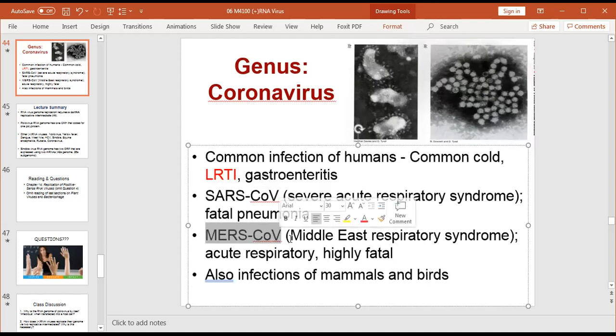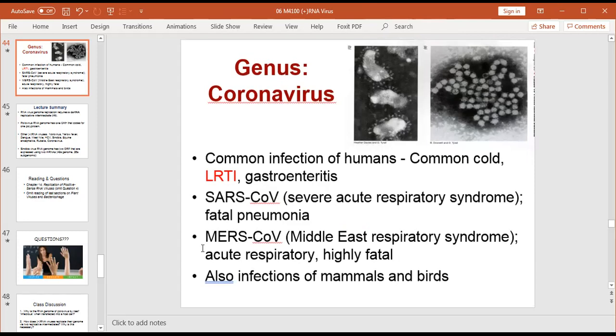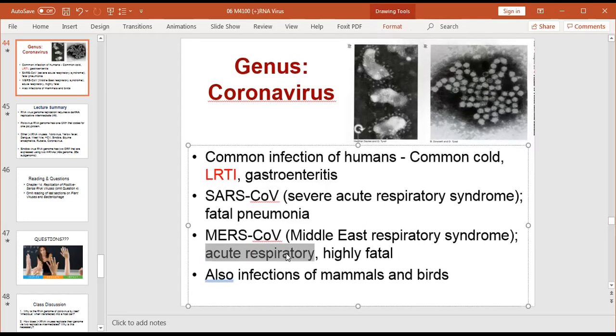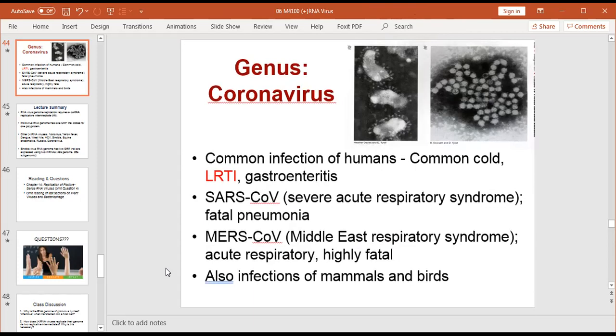MERS stands for Middle East Respiratory Syndrome. This also causes acute respiratory infections. It is a very highly fatal infection. We also see these infections in other mammals, as well as birds.